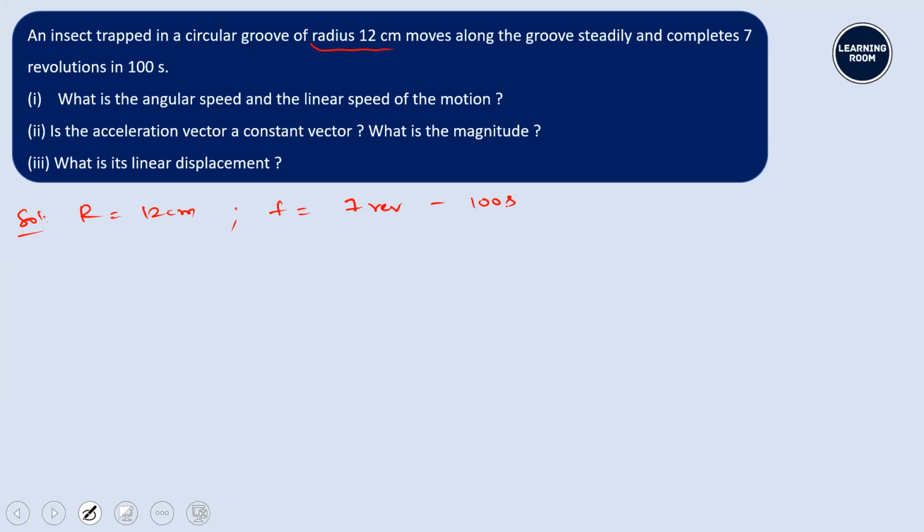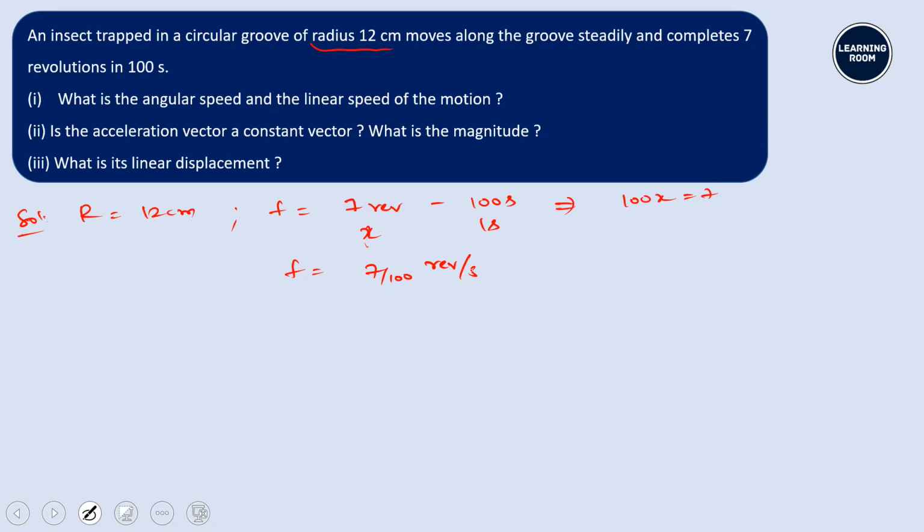So in 1 second, how many revolutions is it going to complete? If I call this x, then 100x is 7. So frequency will be 7 divided by 100 revolutions per second.